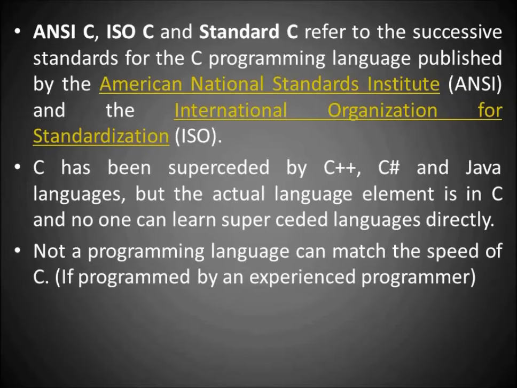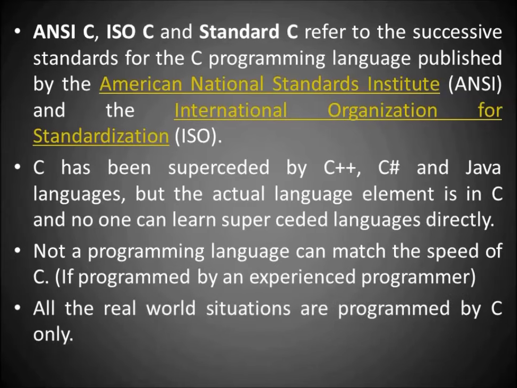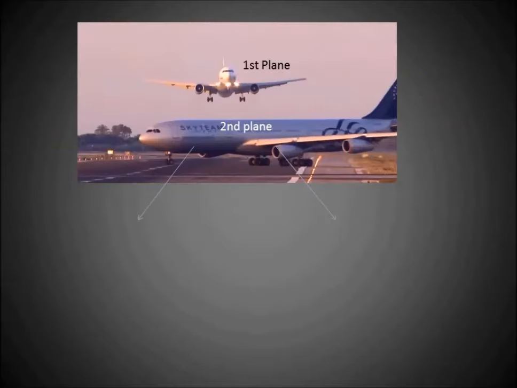No other programming language can match the speed of C, if and only if the program is written by an experienced programmer. All real-world situations are programmed in C only. So, let us suppose a plane is landing and on the runway there is another plane.